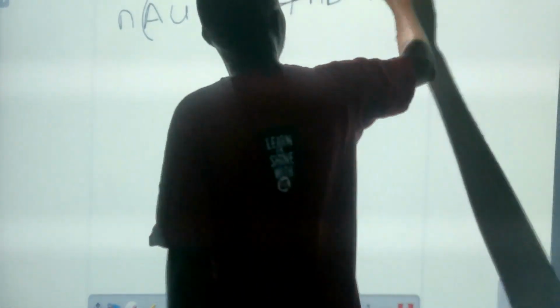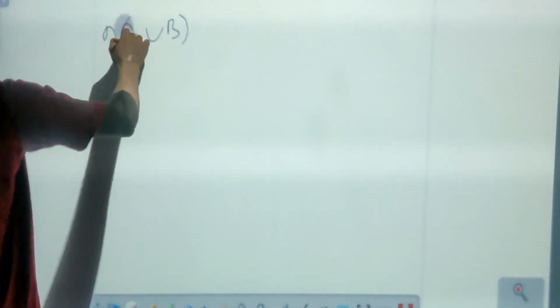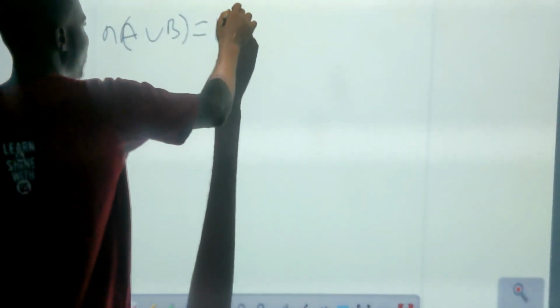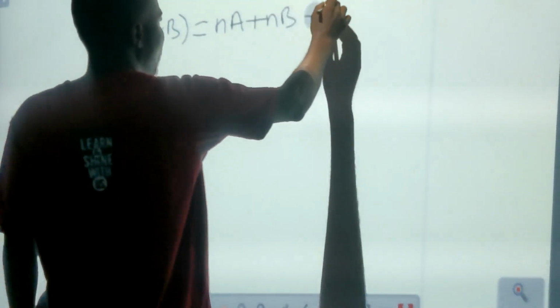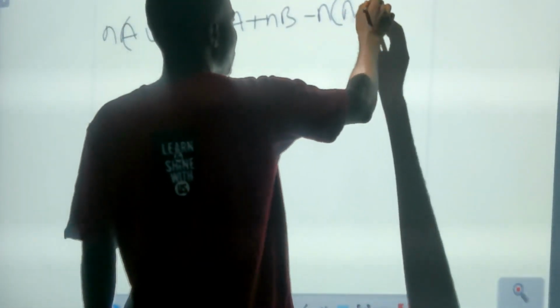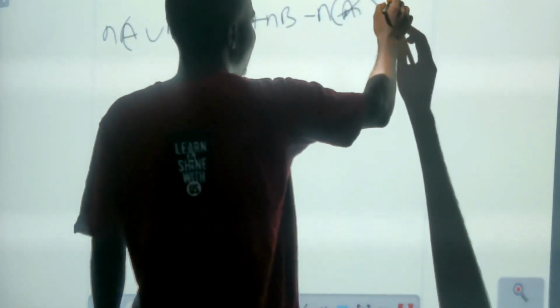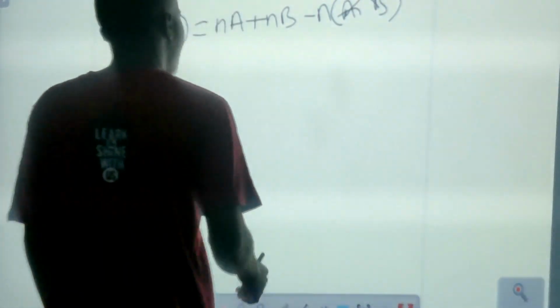So let me write down the 2 set formula: the number in the union of A and B is given as number in A plus number in B minus number of the intersection.